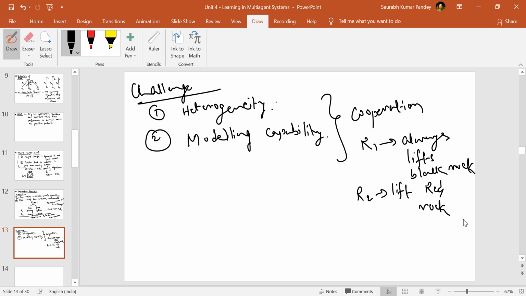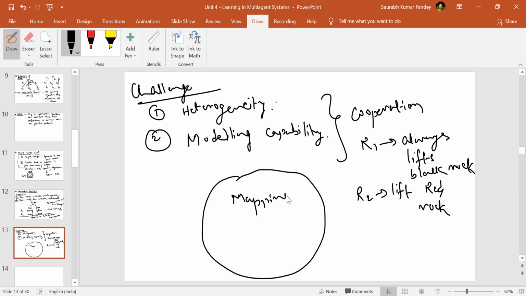So they are getting some values, they are understanding each other's scenarios, and they are doing their own work, but finally the mapping, which is the goal of this particular problem, can be successfully achieved. Why? Because cooperation between R1 and R2 was possible.